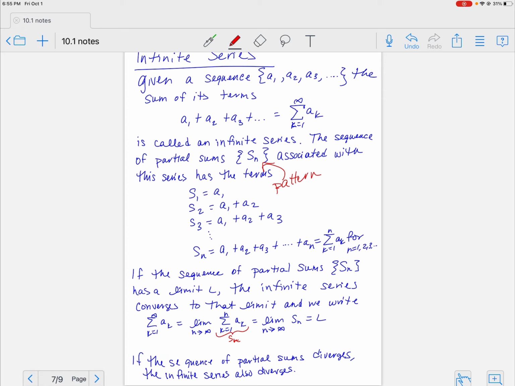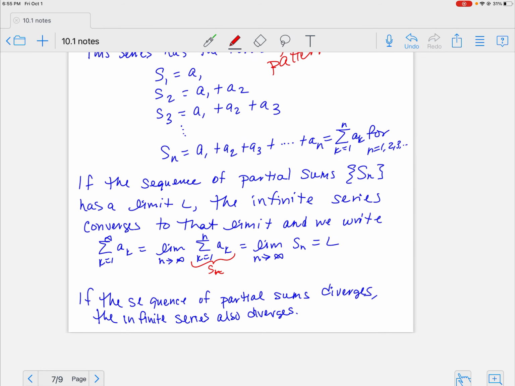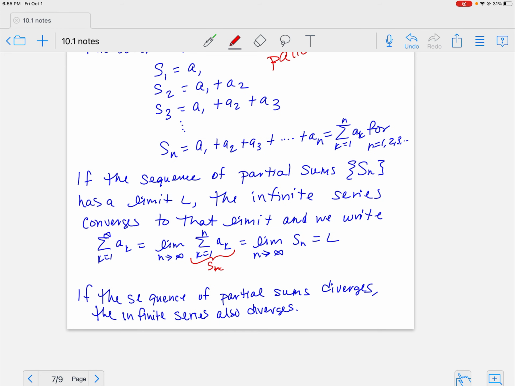Your sequence of partial sums is what we're going to be finding, and we're going to get that pattern by looking at the different terms and adding those up. Notice here, S sub n is equal to this. So this is my S sub n, and that's where we take that limit.